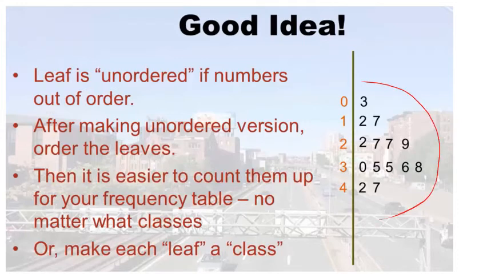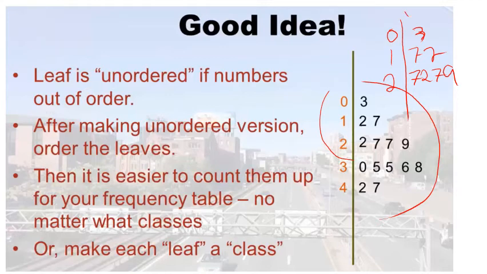Like we could have had a stem and leaf where the data was like this: 7, 2, 7, 9, maybe 7, 2, 3. I'm just copying the first three there. It would have been okay to write it like this. There's no real requirement to have them in perfect order.